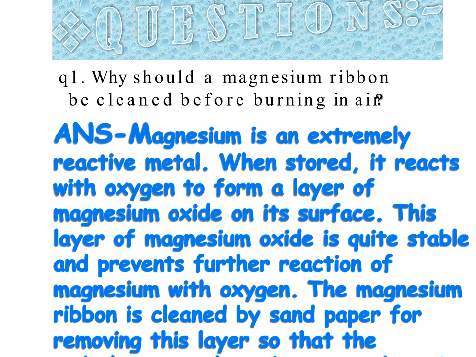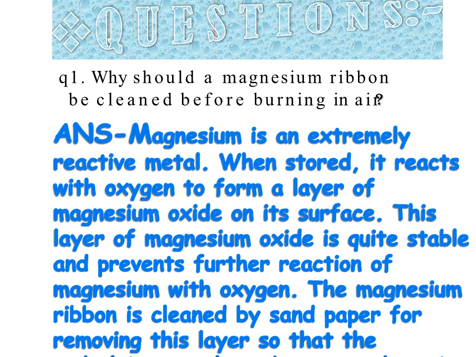Now the question is, why should a magnesium ribbon be cleaned before burning? This question is very important and it may come in the board examination. As all of you have seen, magnesium ribbon is gray in color, but it has some white deposition of magnesium oxide, formed by oxidation, which prevents its burning in the air.